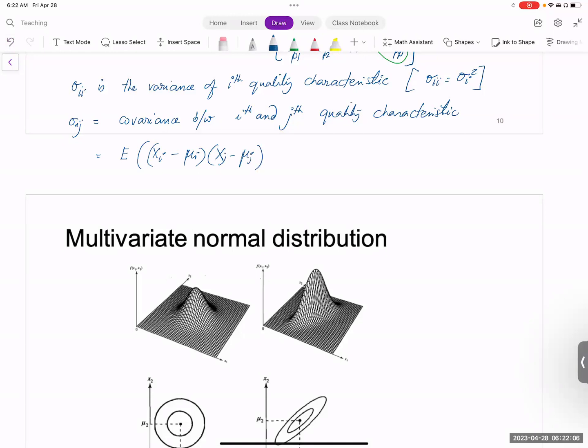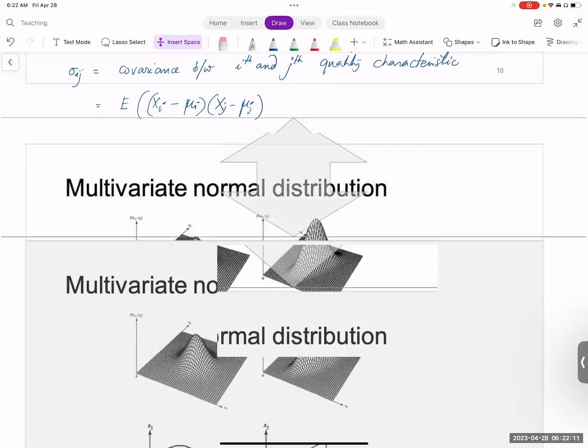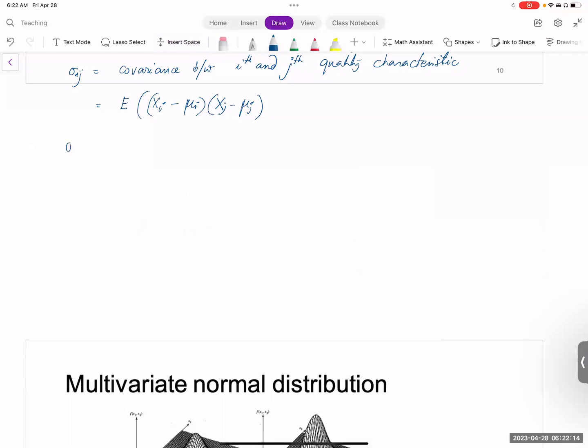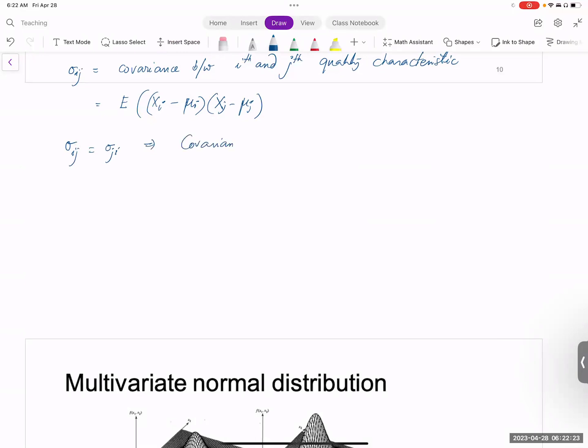Something that you should keep in mind is that sigma ij is equal to sigma ji, which is basically saying that the covariance matrix is symmetric. So that's one property that you should keep in mind.